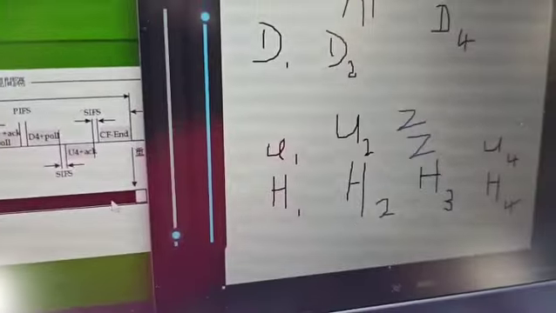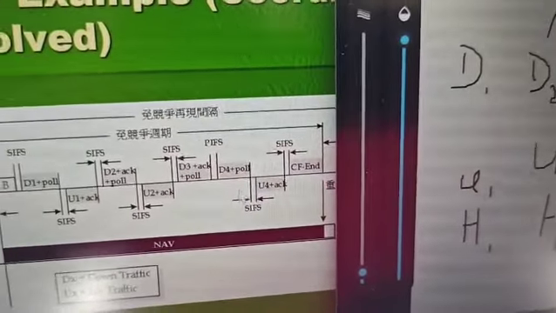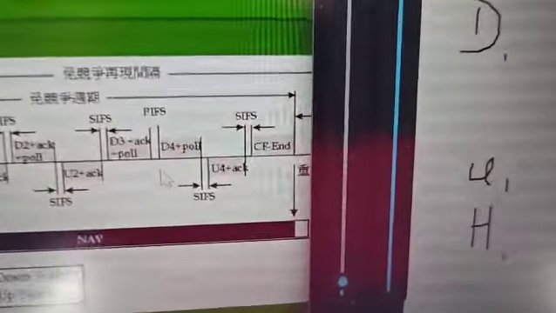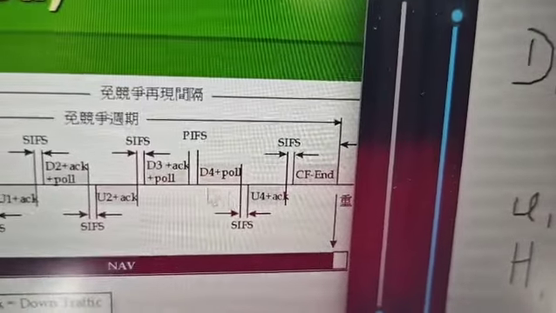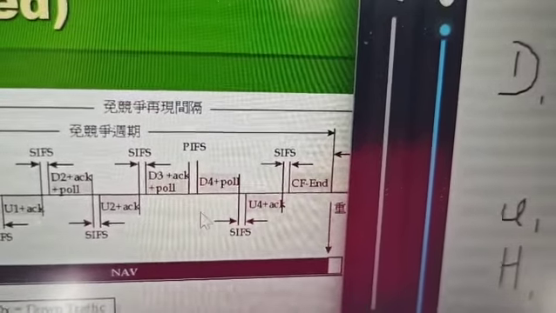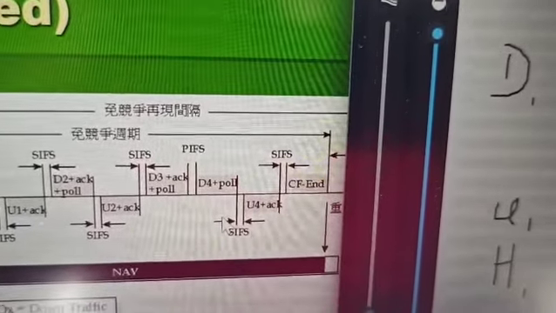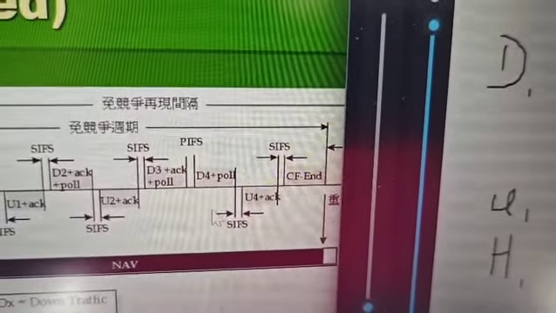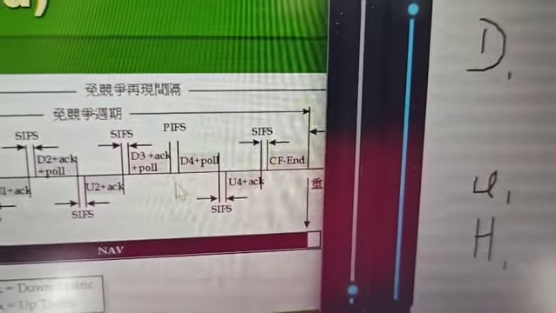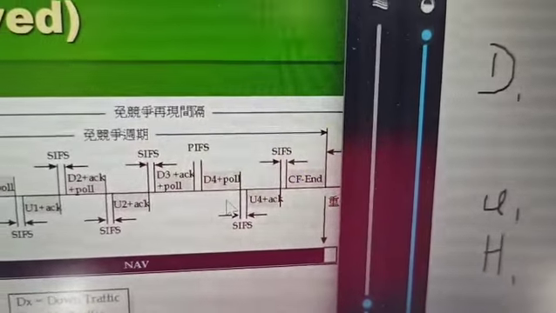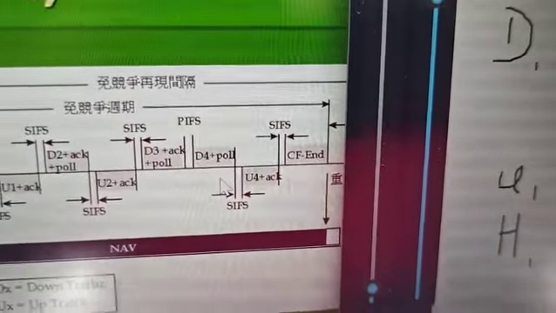Now D3 doesn't answer because he's sleeping, he's inactive. So you do not get an ACK here, which means this was not received, which basically means this guy is sleeping. And there's also no U3, which means he didn't send anything, because he's sleeping.